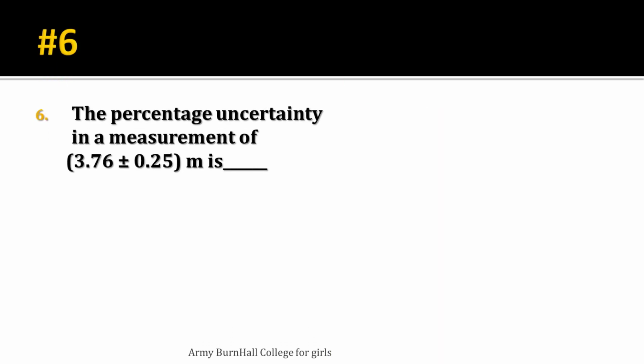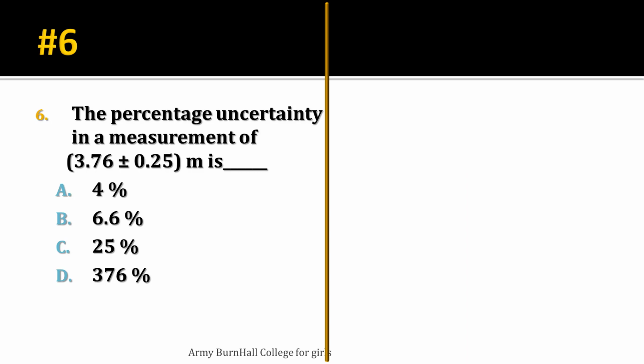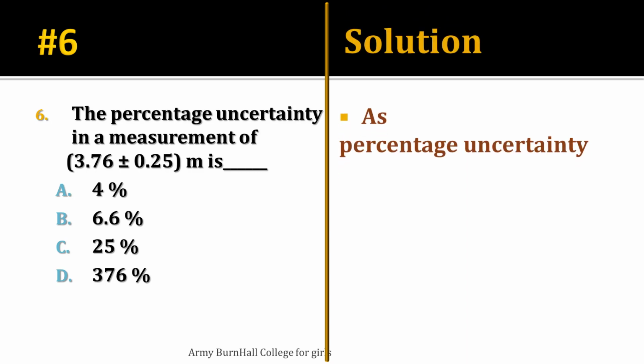Number 6, the percentage uncertainty in a measurement of 3.76 plus minus 0.25 meters is: option A 4%, option B 6.6%, option C 25%, and option D 376%. We will simply calculate percentage uncertainty by using its formula.